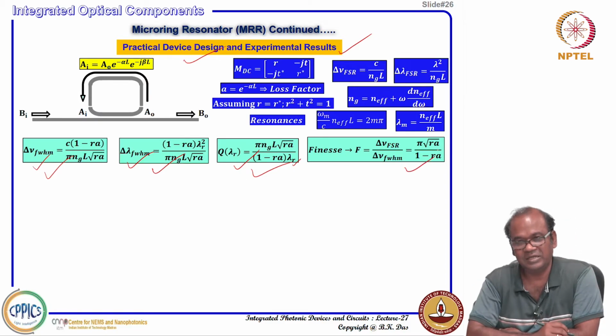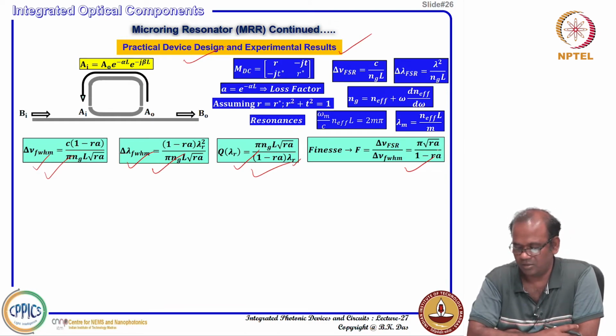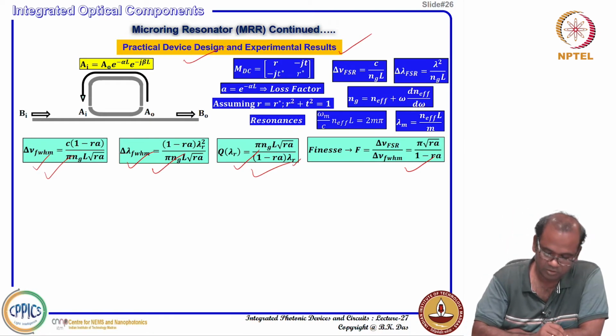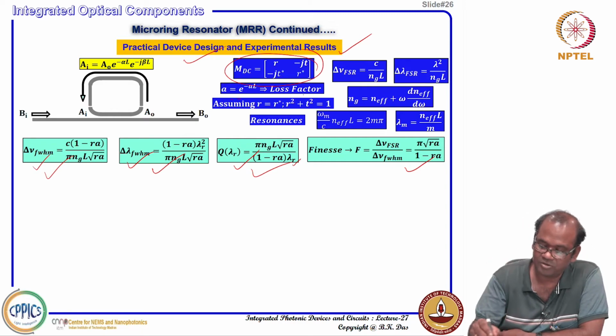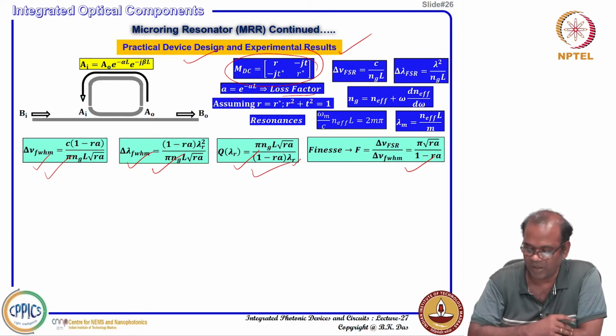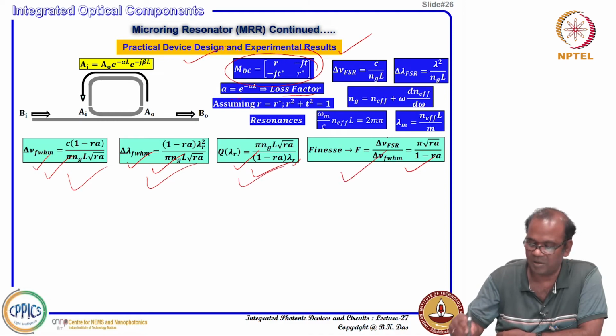I have derived it starting from the normal transfer matrix mechanisms, right. Only thing is that we ensure that this transfer matrix is known, R and T are known, A is also known, and L is known. These are known parameters. Once you know those parameters, then you can quantify what these values are.